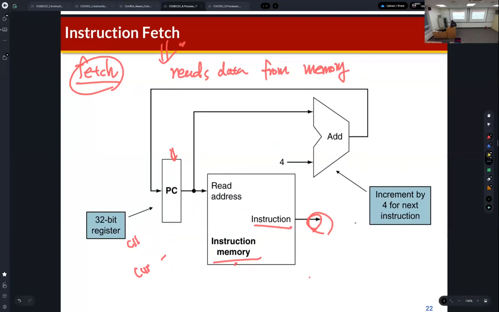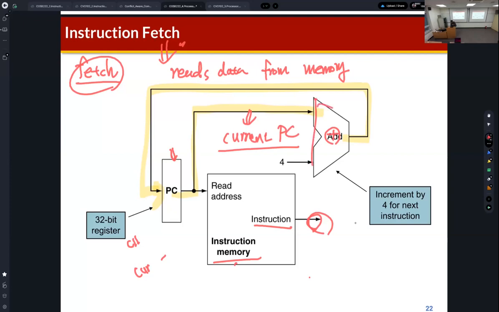what is this path? I just explained this path, the PC to instruction memory. Then what is this path? If we see this path, we can find this is the adder. Okay, so I said that this is the current PC value, and then what is the output of this adder?